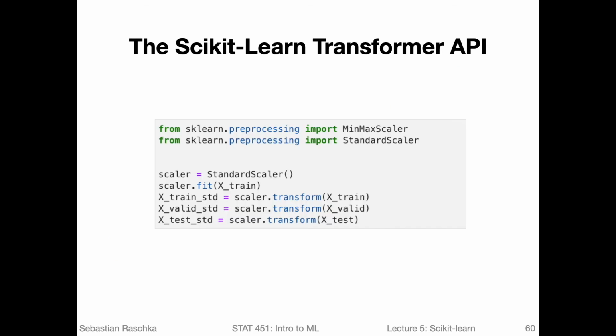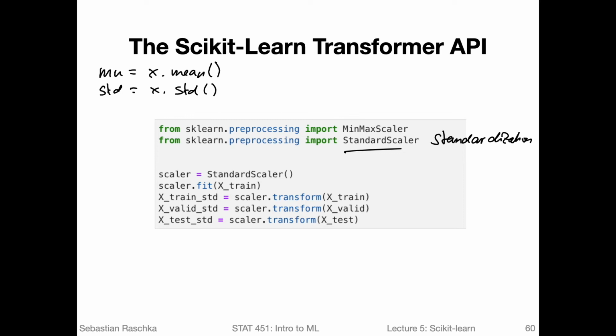Now here's how that would look in practice using the standard scaler. The standard scaler is for standardization. Recall we previously did the standardization manually, where for one feature column I computed the mean using NumPy and the standard deviation like so.